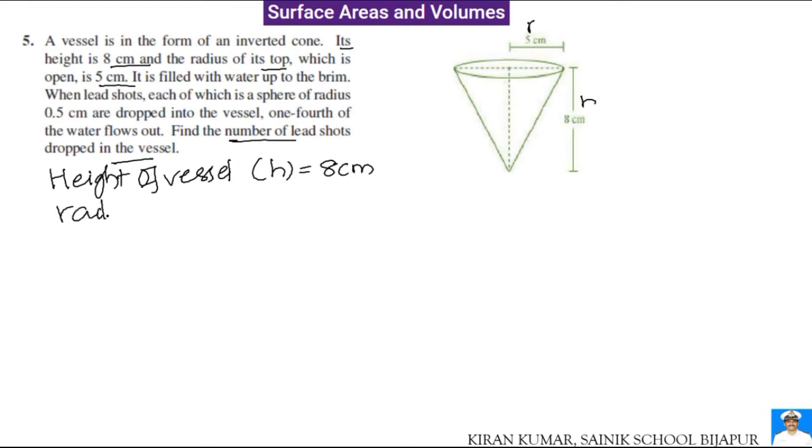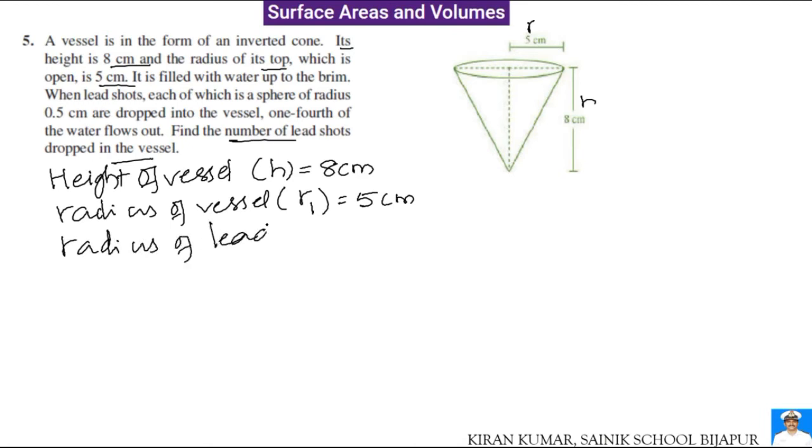Radius of the vessel, I'll write it as R1, which is 5 centimeter. And the radius of lead shard, I'll write it as R2, which is equal to 0.5 centimeter.